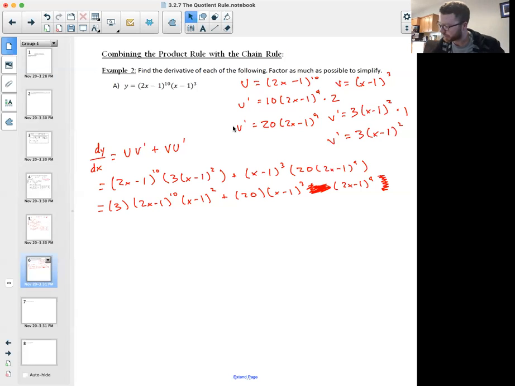So at this point, we need to ask ourselves, what is common to both terms? And when we mean both terms, we mean on left and right of the plus sign. So let's take a look at that for a second.